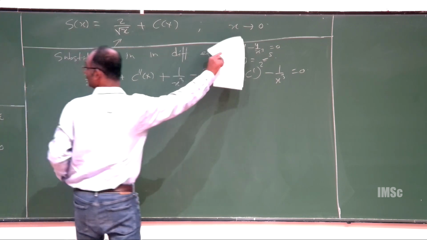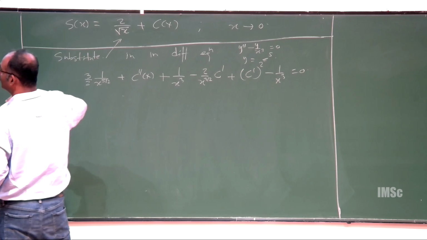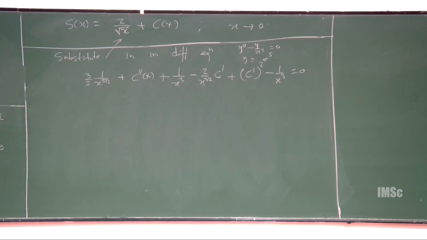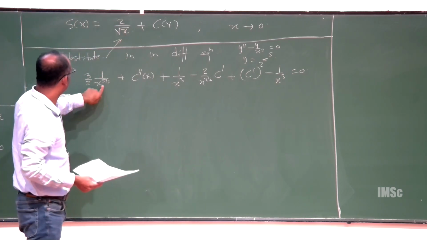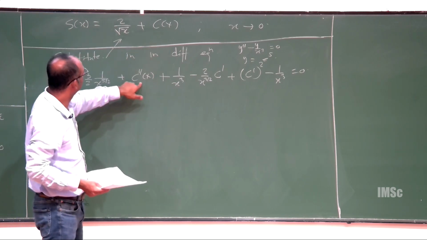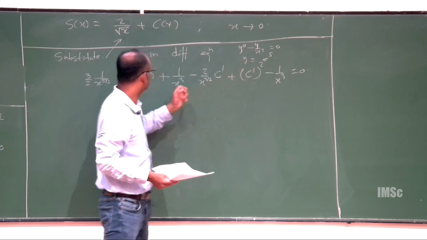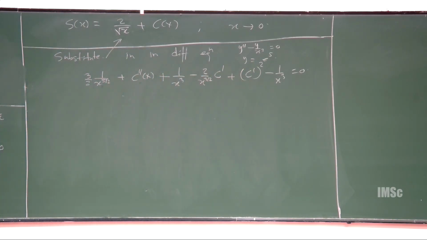Actually, instead of using this, you should use the differential equation for s that I had written here. We don't need to work with y, we need to work with s. And the s is this one. So you see, differentiating this twice will give you 1 over x to the 5 halves, second derivative of this. Then you already had 1 over x cube, and these are the other terms coming because of squaring the first derivative. So that's what you get.